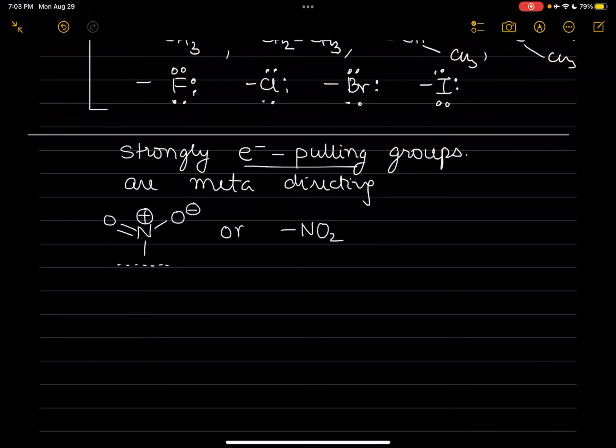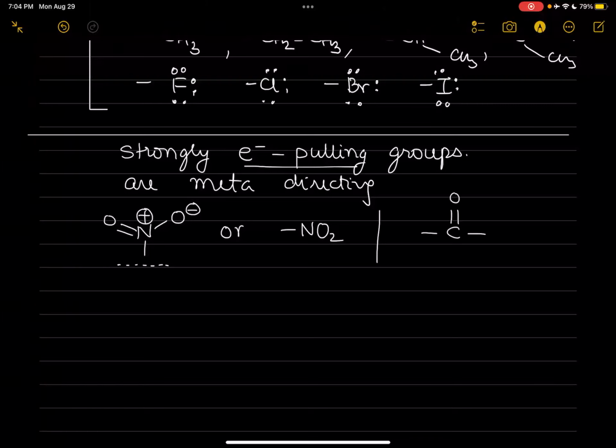So groups having a positive charge, or groups having a double bond O on them, are meta directing. There are other groups also which are meta directing, not only the nitro group.